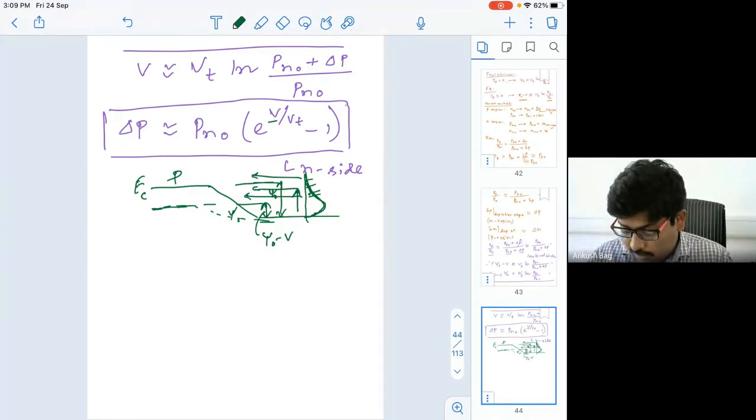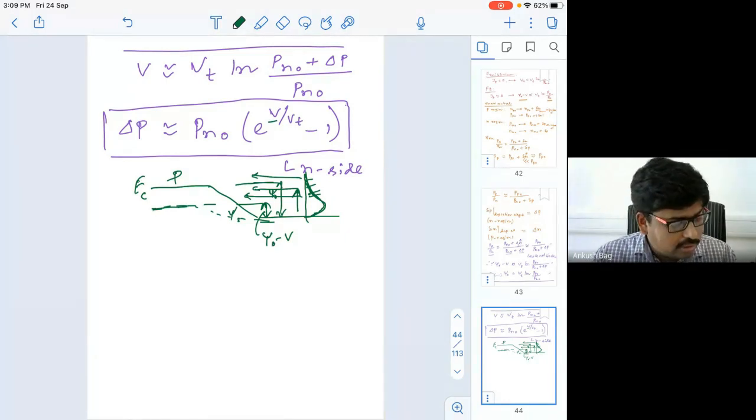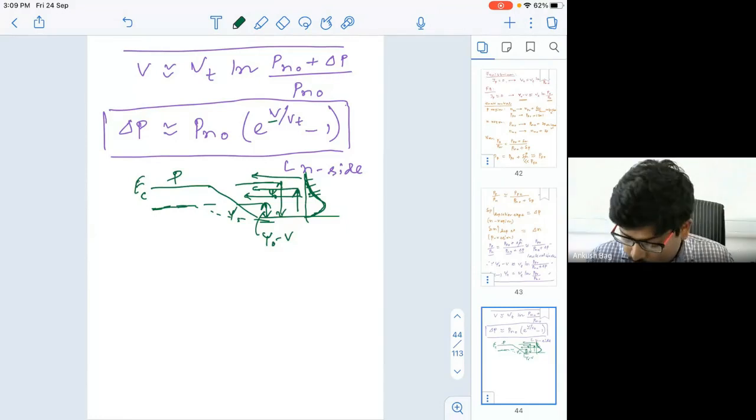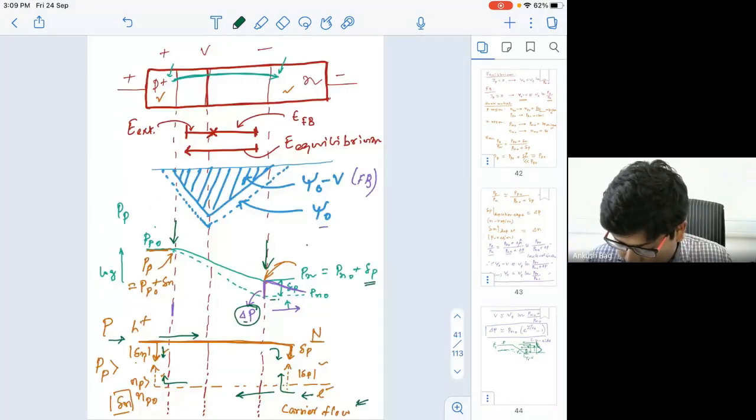Now next, we need to arrive at our current equation. So let me go to that diagram once again.